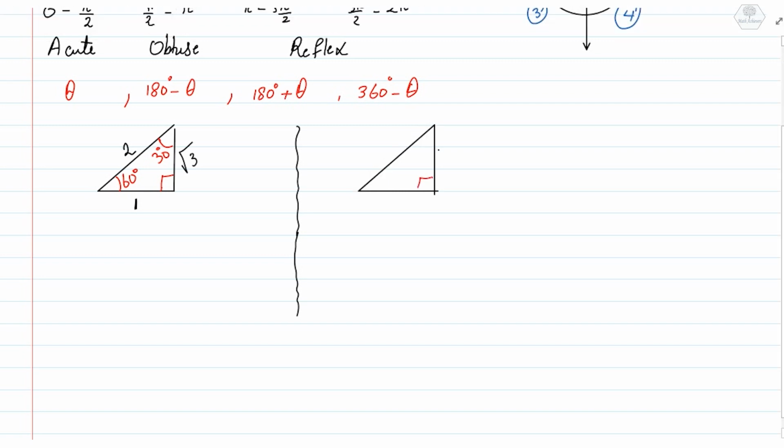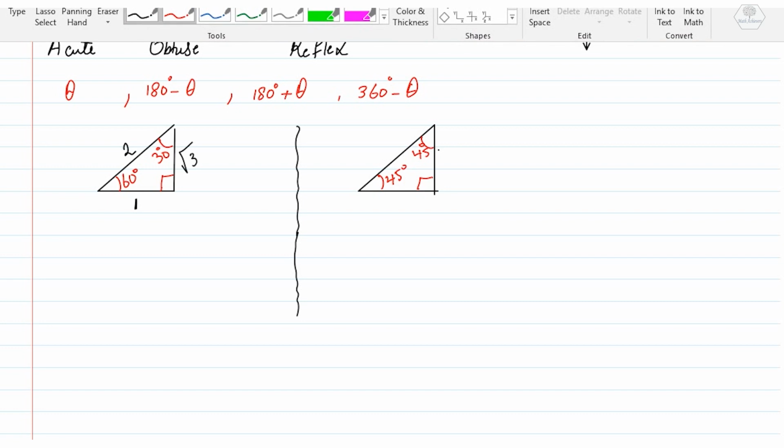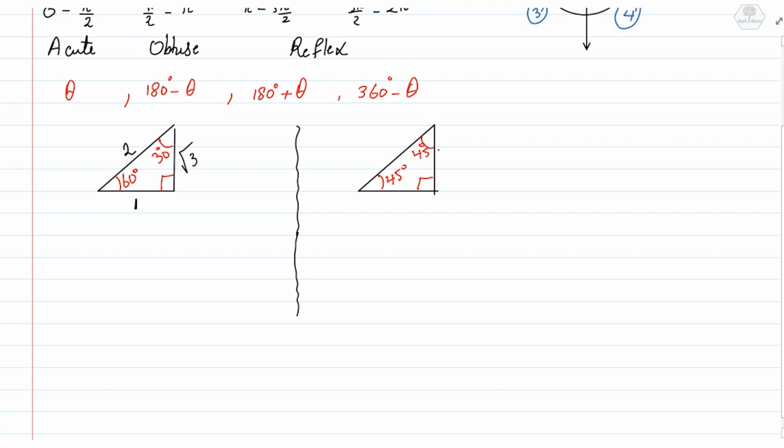This angle is 90, this angle is 45, this angle is 45. Now, we take the opposite side of 45 to be 1, and this side is also 1. So now, to know the hypotenuse, we have 1 squared plus 1 squared under the square root, so it's square root of 2.